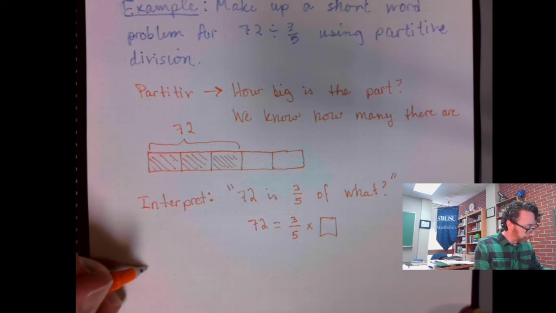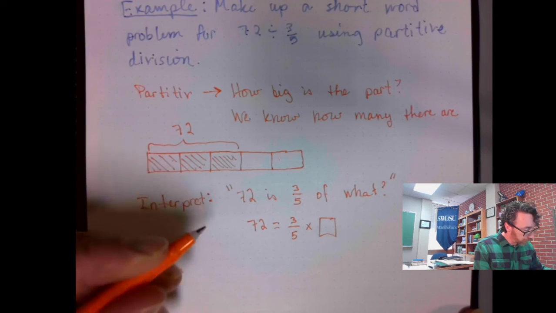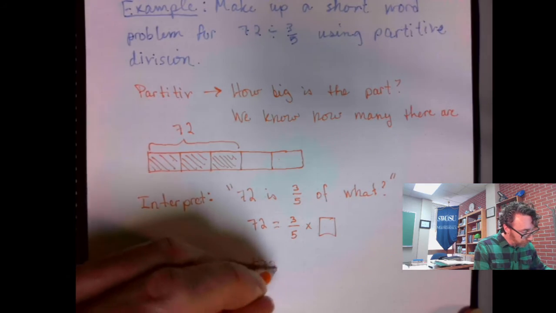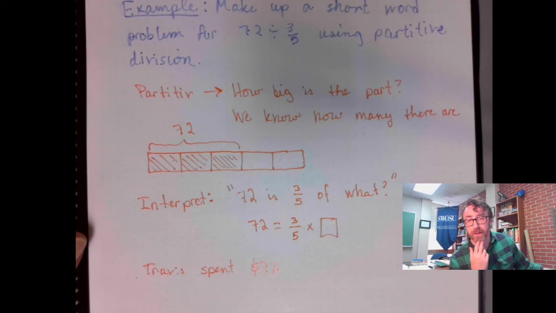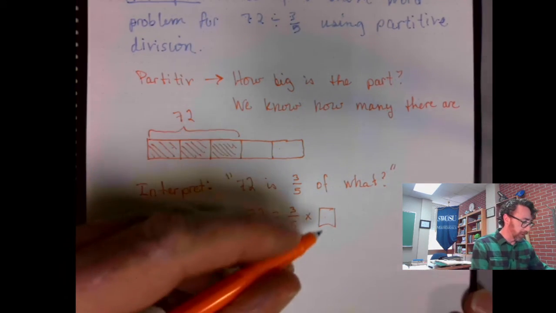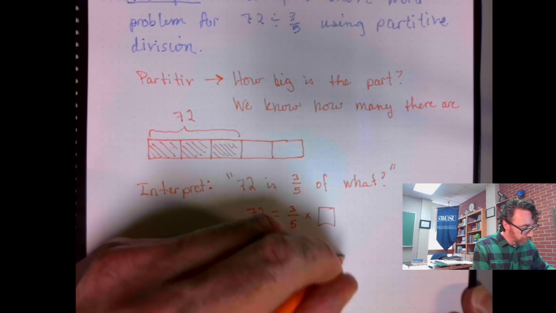We could say, Travis spent $72 on, let me think of something that would cost approximately $72. Travis spent $72 on video games.